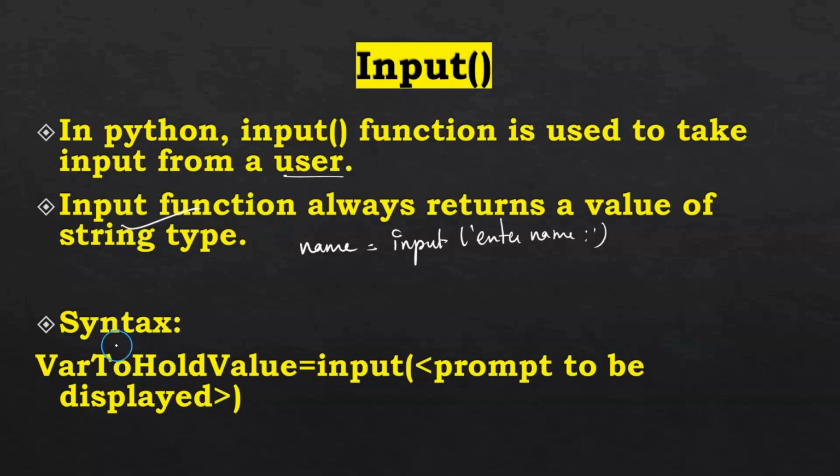The syntax is: a variable to hold the value, here name, then input of, and the prompt to be displayed. The prompt, enter name, will be displayed on the output screen, so we write that inside the input function.